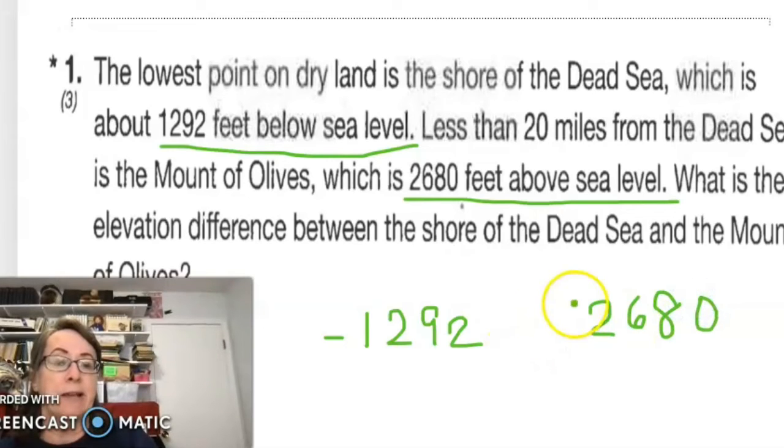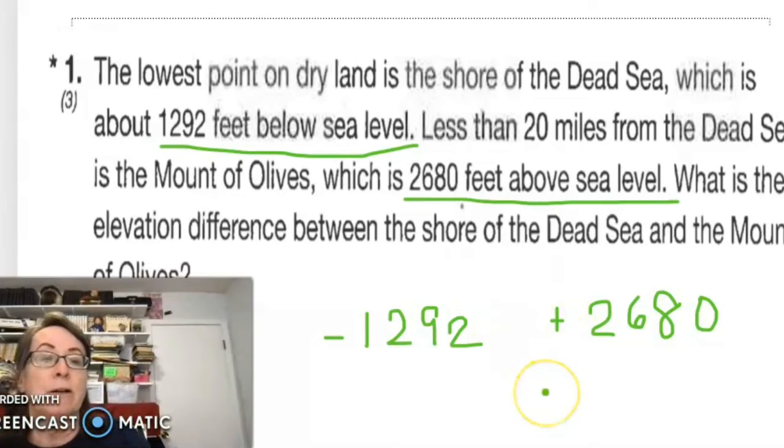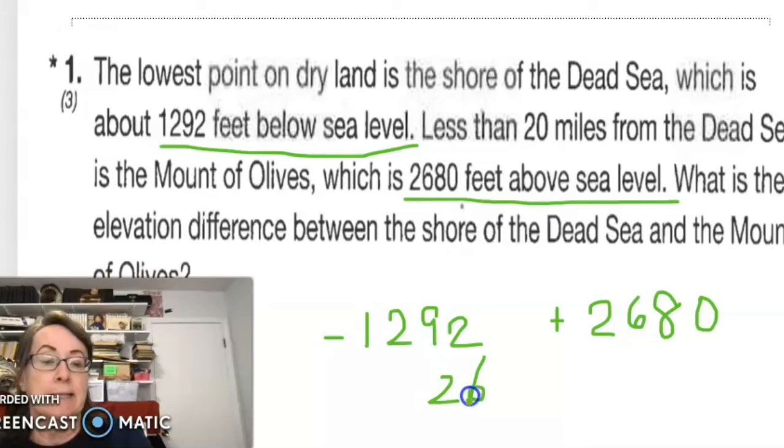Now, positive is understood, but I'm just going to give it a plus, just so we know. That's positive, that's negative. And so we're trying to find the difference between them. So I'm going to subtract them. 2,680 minus a negative 1,292.